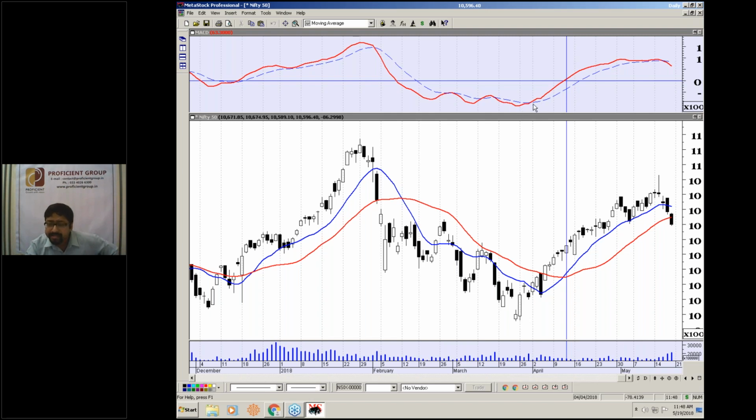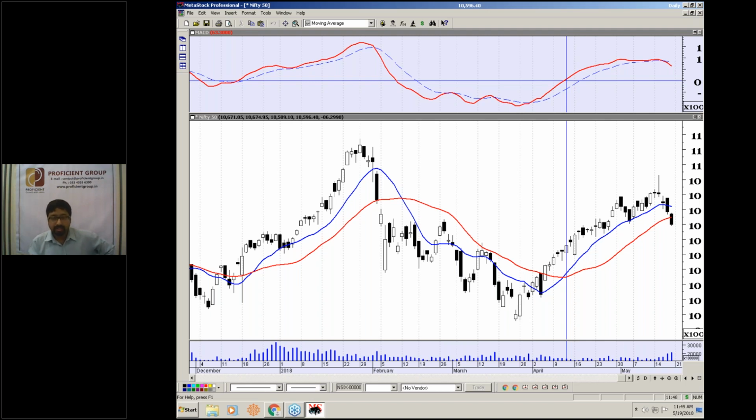So whenever these crossovers are occurring, and I'm telling you, these crossovers occur every now and then, I do not consider these crossovers to be very strong signals, except in certain conditions, and I'm going to explain when these crossovers are more meaningful and when they are less meaningful.